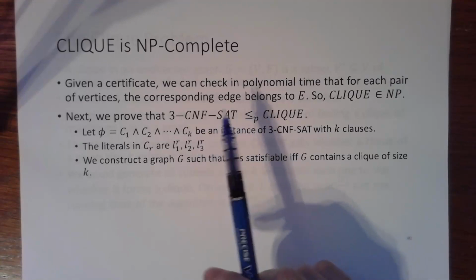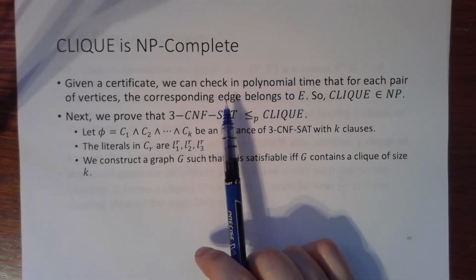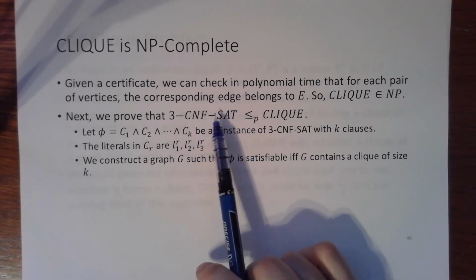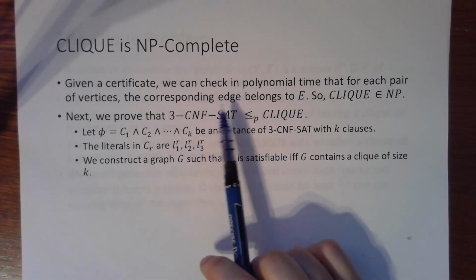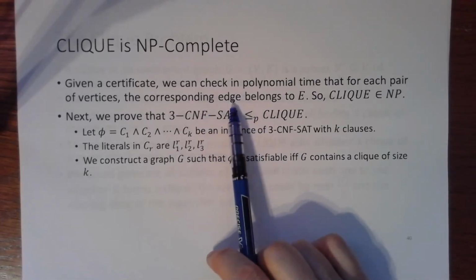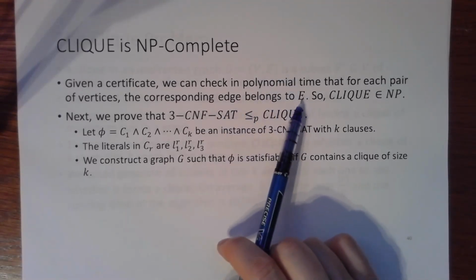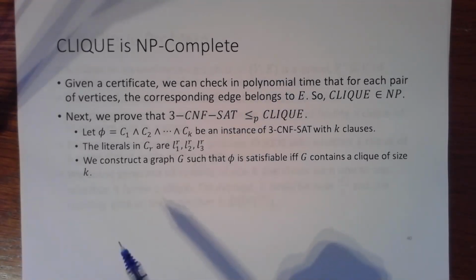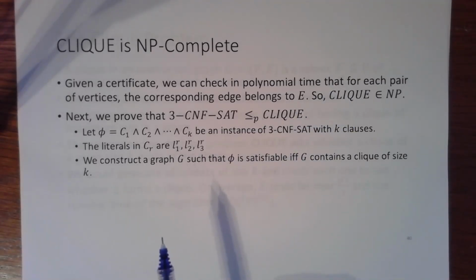Well, sure, we would just go through every vertex in the graph and verify that the other vertices that were listed were in the adjacency list for each vertex. We would have to go through each adjacency list at least once, but still that's polynomial in the number of edges. So we could check it in polynomial time.